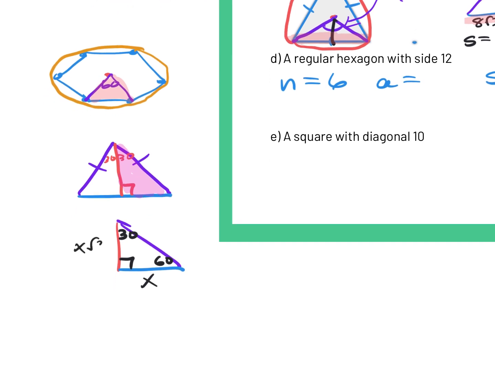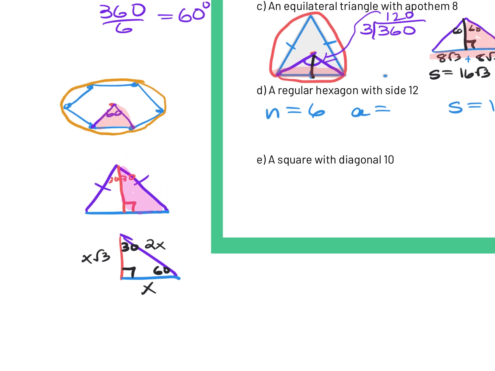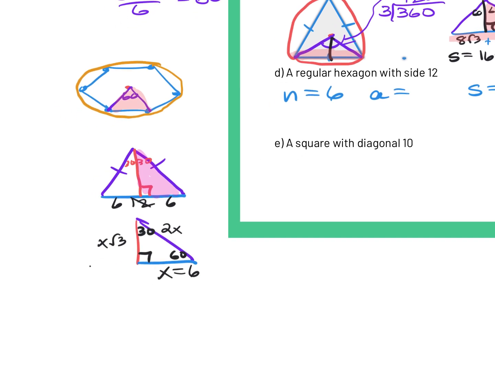This is x square root 3 and 2x. Again, remember this time we knew the side length. The side of this whole thing is actually 12. So it's bisected. So this tells me that this 12 is now 6 and 6. So x equals 6. So my apothem is going to be 6 square root 3.